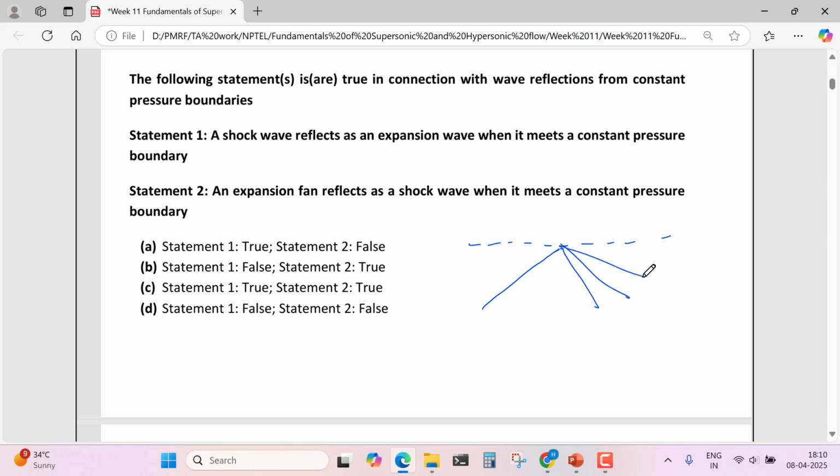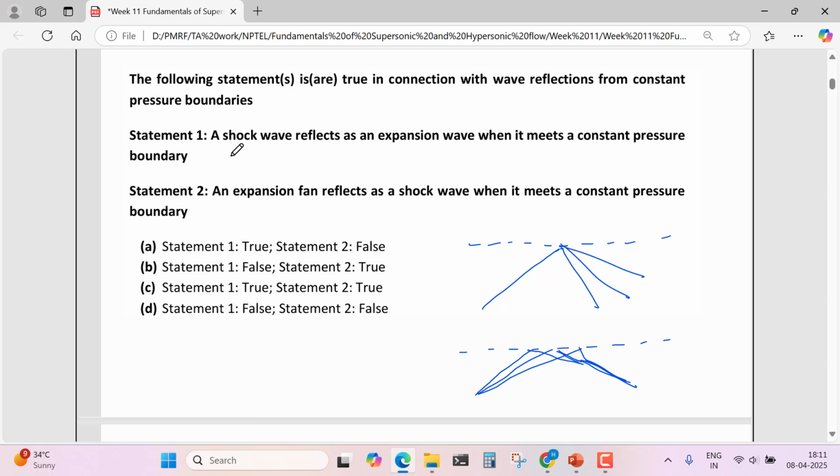It will become an expansion fan. If there is an expansion fan reflecting from the constant pressure boundary, it will become a shock wave. So if there is reflection from a constant pressure boundary, the wave will become of the opposite nature. Shock wave will become expansion wave, and expansion fan will become shock wave.